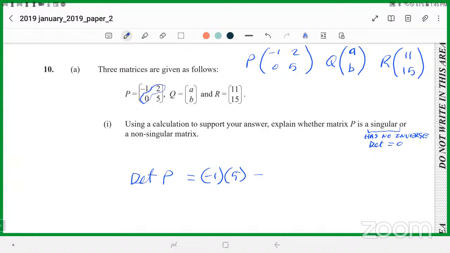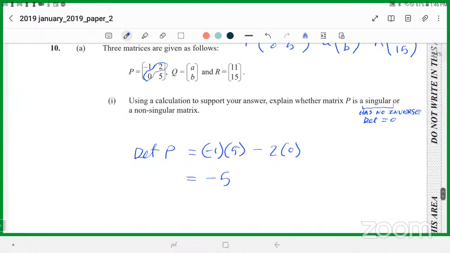Some teachers call it leading diagonal and trailing diagonal, main diagonal, secondary diagonal, no matter. Anything we mean first, other one here, anything we mean second, or this one. So the second diagonal product is 2 times 0, which is 0. So this works out to be -5.